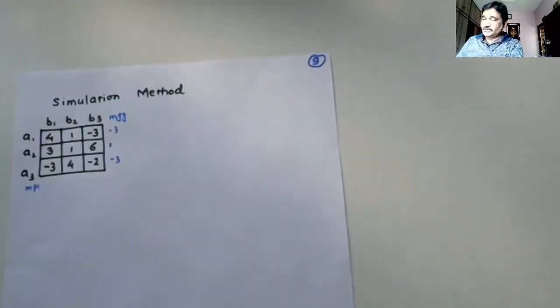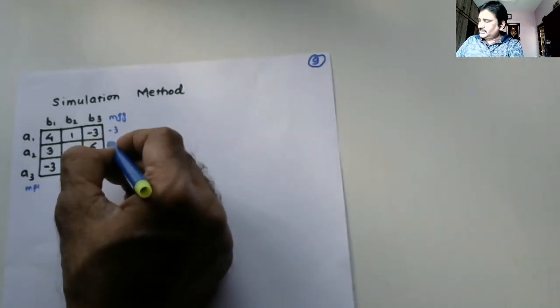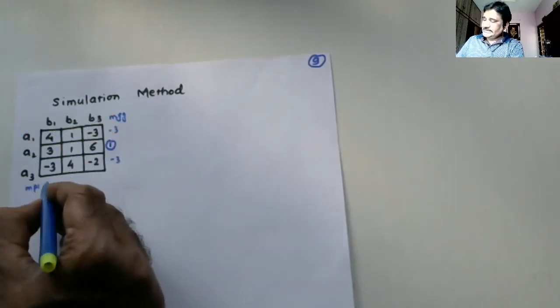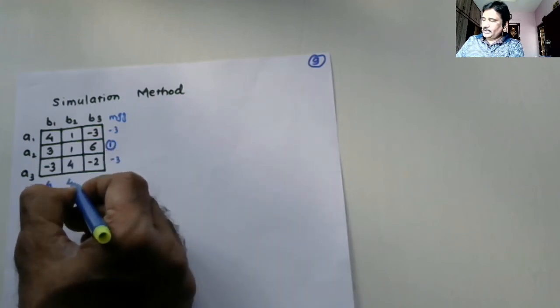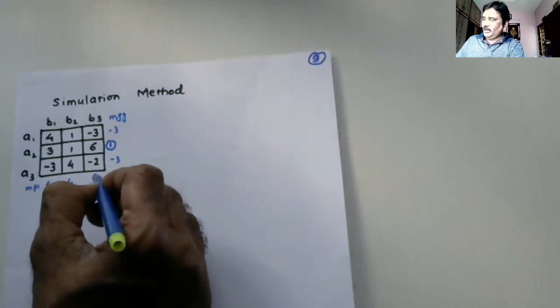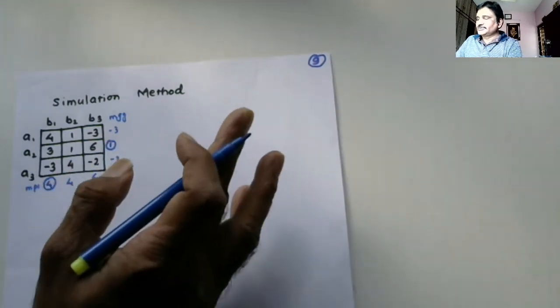I think last time we made a little bit of a mistake. So maximin is this one, and the maximum possible loss here is 4. Here again 4, and here is 6. The minimum of all these maximum possible losses is this 4 or this 4.